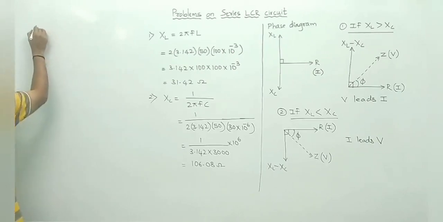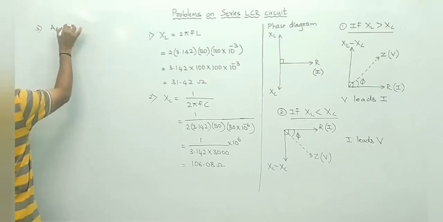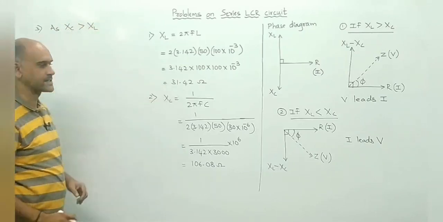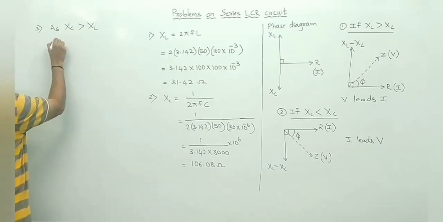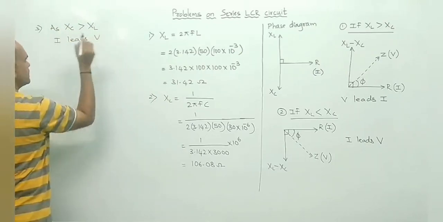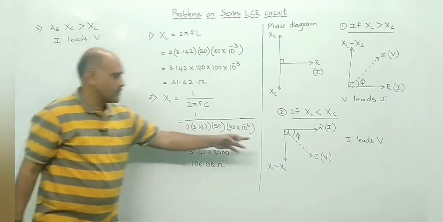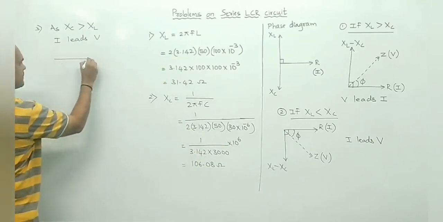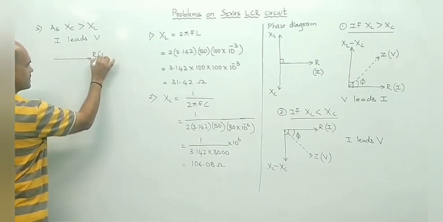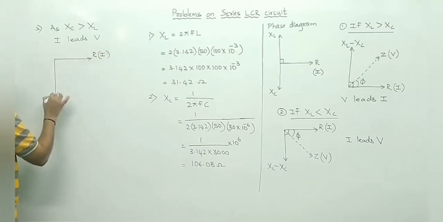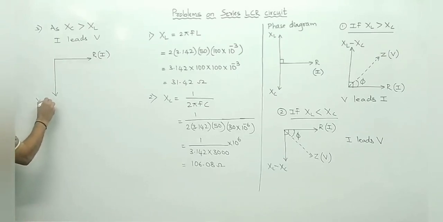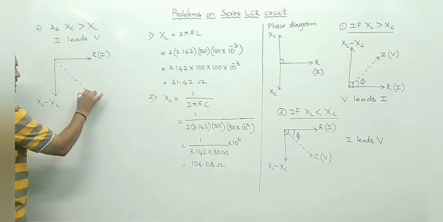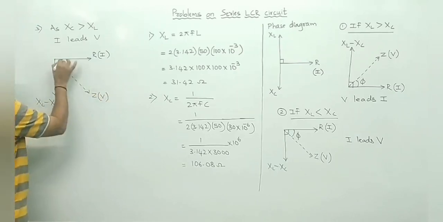Third step: as XC is greater than XL, current leads voltage. Now I will take this phase diagram to find phi. Along this direction I have resistance or current, along this direction I have XC minus XL, and here I will have Z or voltage, this is phase angle phi.